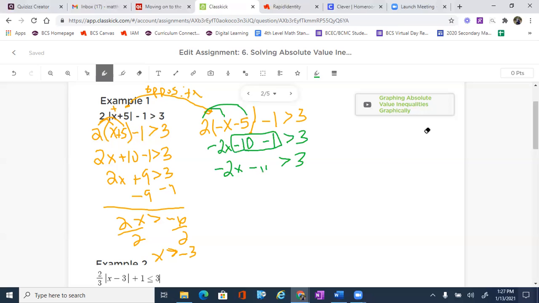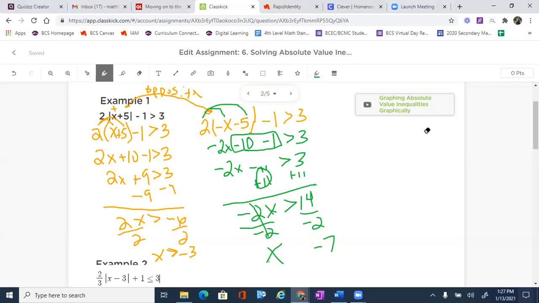I'm going to add the 11 over, and we get negative 2x, which is greater than 3 plus 11, which is 14. Then I'm going to divide by negative 2. The one thing we do need to remember is that x comes out, and we have 14 divided by negative 2, which is negative 7.